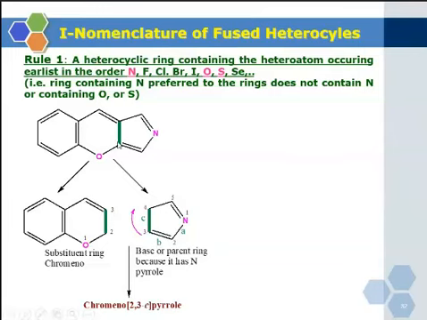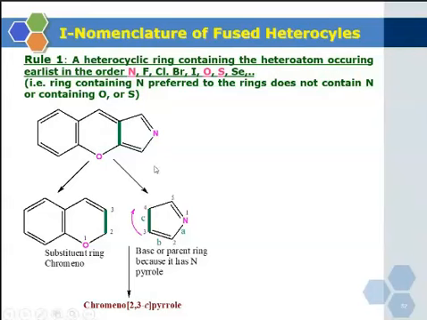Here we can see there are 3 rings and they are fused with each other. Let us assume this is the site of fusion between this ring and this ring. Priority wise, nitrogen is present in this ring, whereas here there is no question of nitrogen.